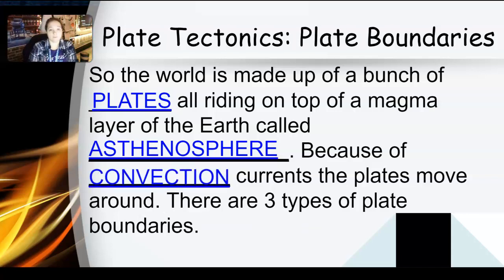Because of convection currents, you can see mine at the top right there, you got the red and the blue on the side, you can write down convection currents right there just to give yourself a little reminder. So these convection currents move the plates because you have the hot, light going up and the cool, dense going down, magma, liquid rock, and it's causing this circle to go, causing the plates to move.